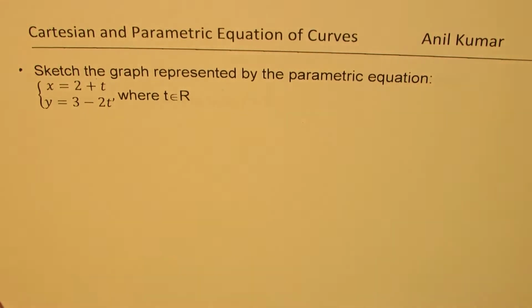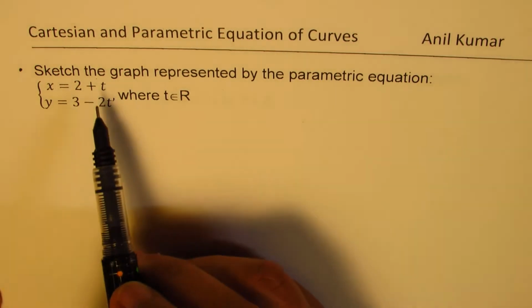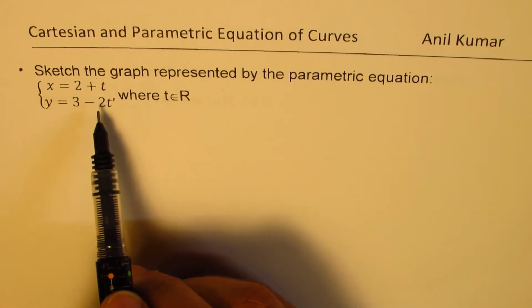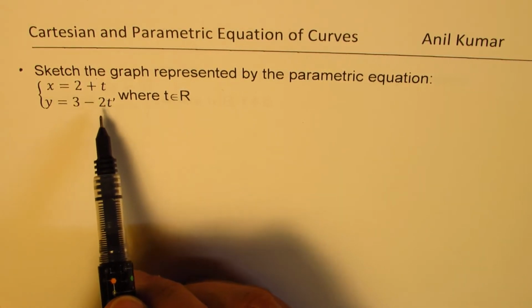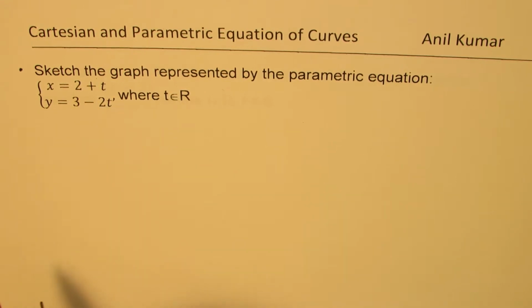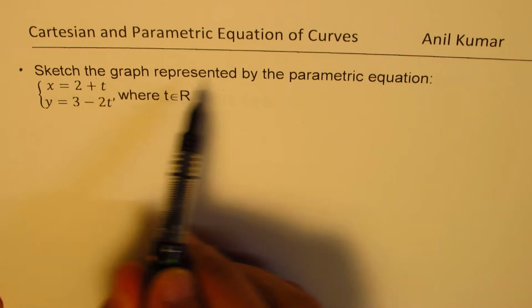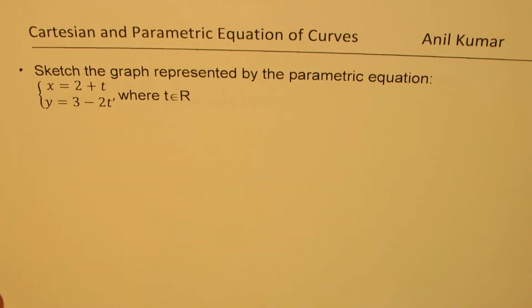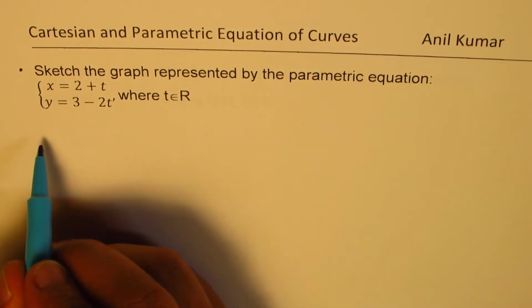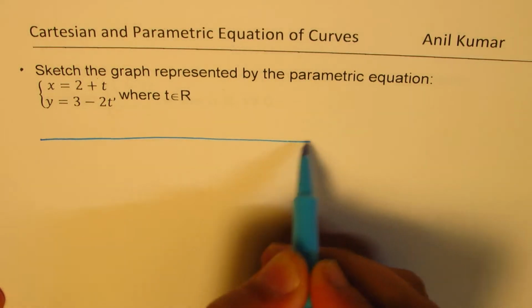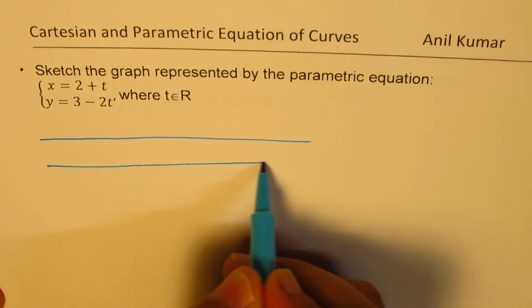You should also see that a line is a set of points in a direction, so that also gives you a parameter, one dimension. So t is one parameter here. To find the graph, as I was saying, we could find some Cartesian points. So I'm making a table here.